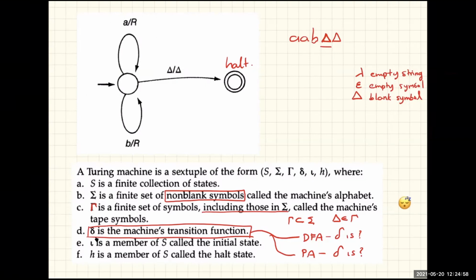Well, maybe the difference is that there is no delta in the pushdown automata. Instead of delta, there is a T. That is a collection of deltas, I think. That the T is a collection of finite transitions. Okay, yes, very good.